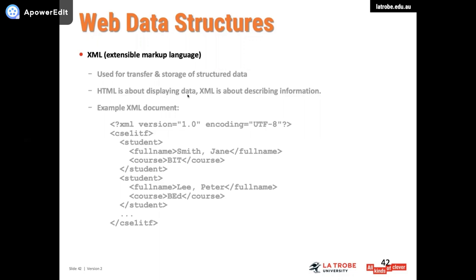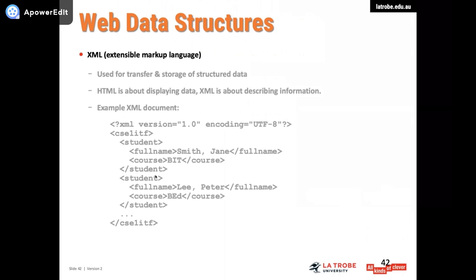And here is one example of XML. From the syntax, you may think it is very similar to HTML, such as the tags, where we have the starting tag and ending tag. But if we look into the content, it's more about data information. For example, here it describes this course and the enrolled students.